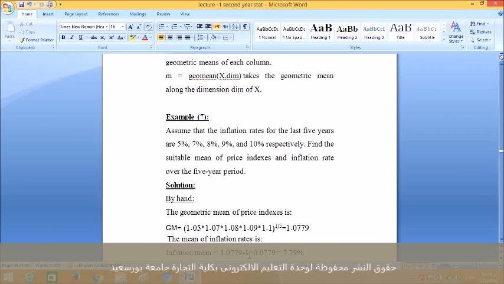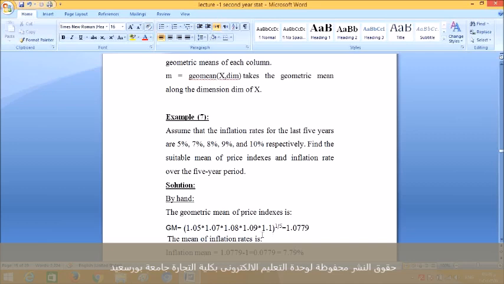So the mean of inflation rate will be 1.07 minus 1, which equals 0.0779. So the rate of inflation according to the geometric mean will be 7.8% more or less.